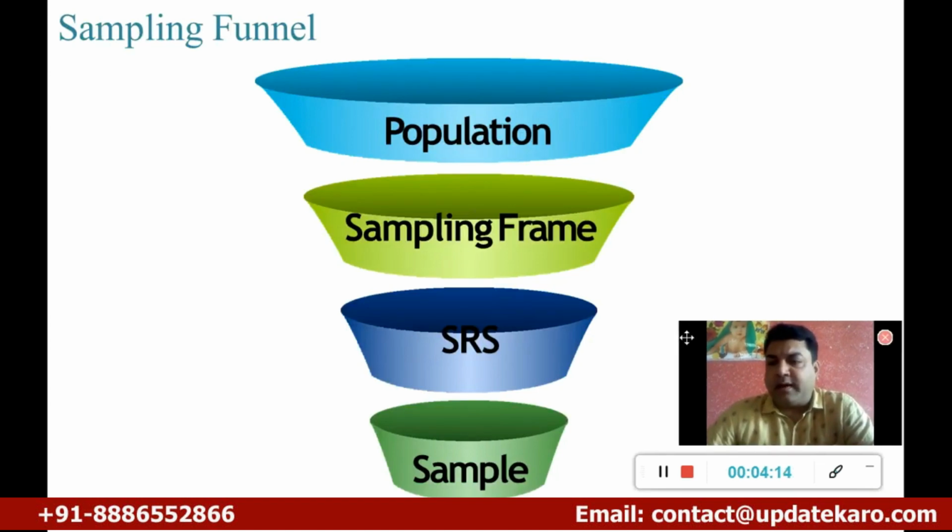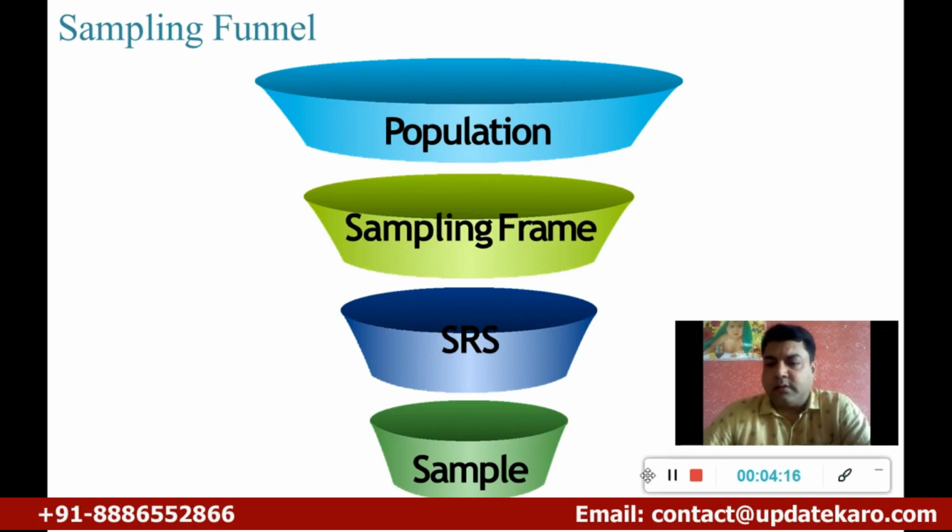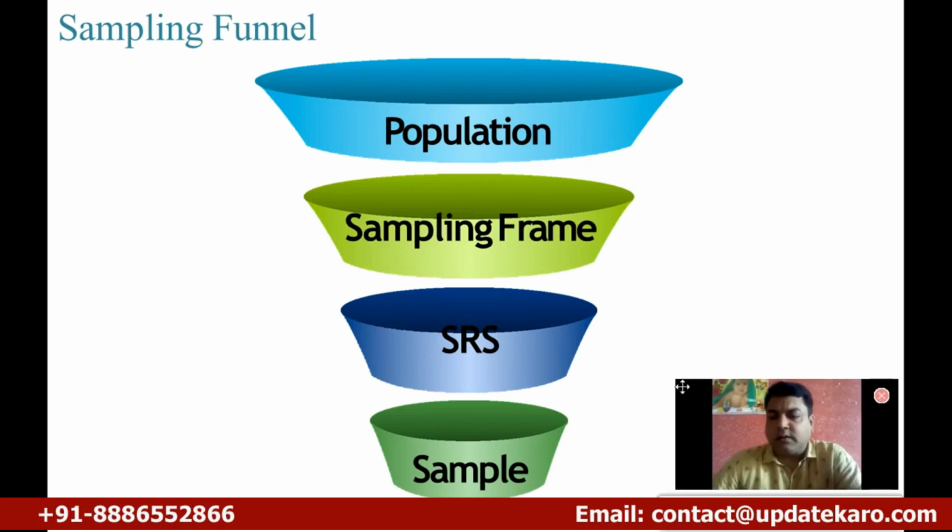Alright, so sampling funnel, if you can see on the screen, it looks like this. It has 4 components over here, right? The first one is obviously called as population.